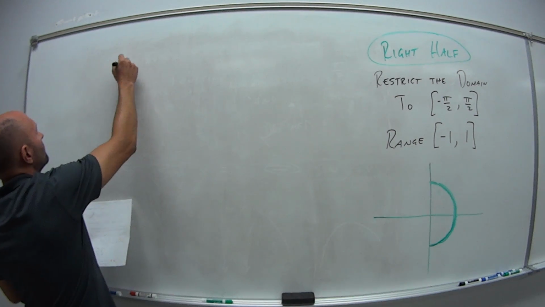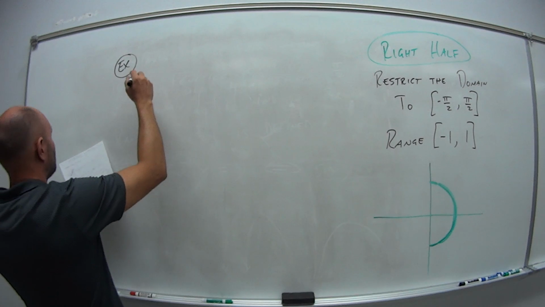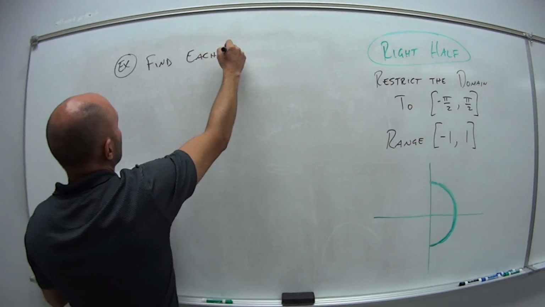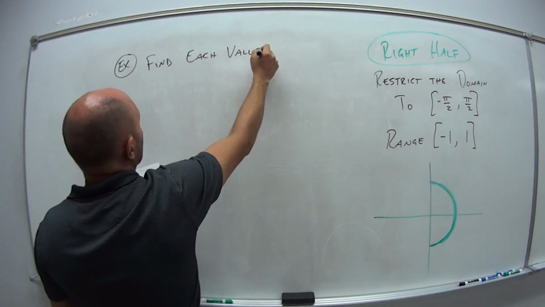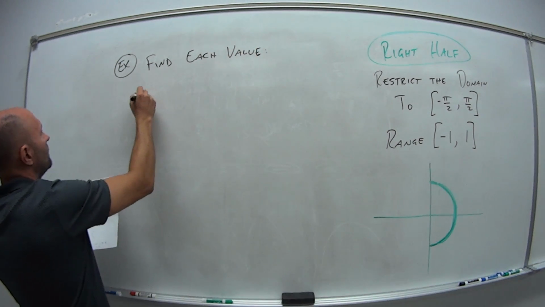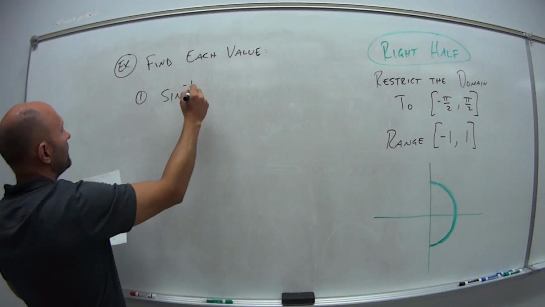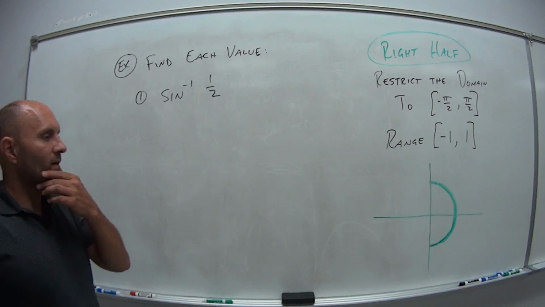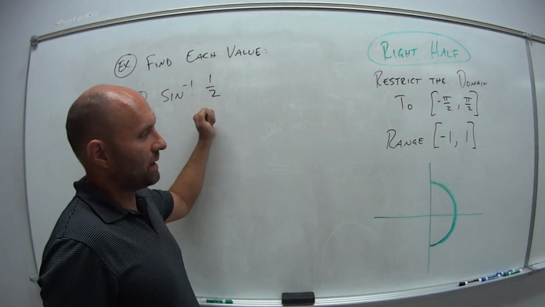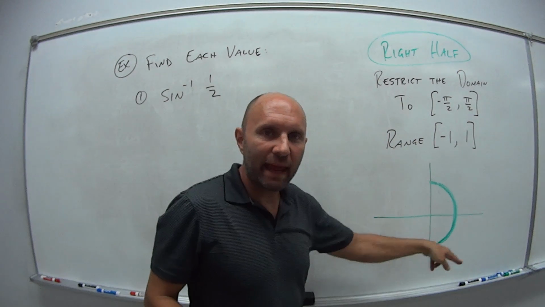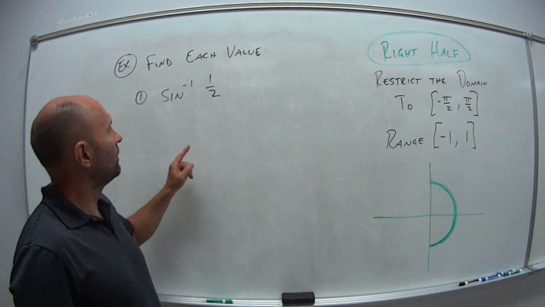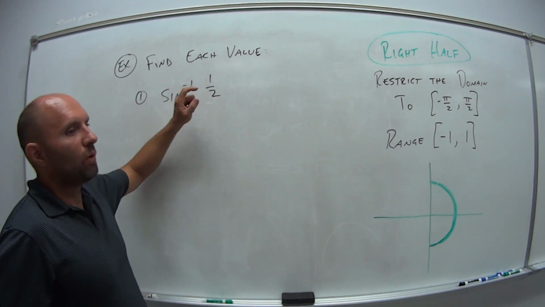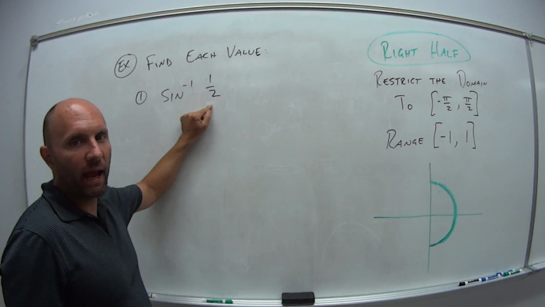So first, let's look at some examples. If I want to find each value, first I have that the sine inverse of 1/2. What that is asking me is on this right half of the unit circle, where is my y value equal to positive 1/2?